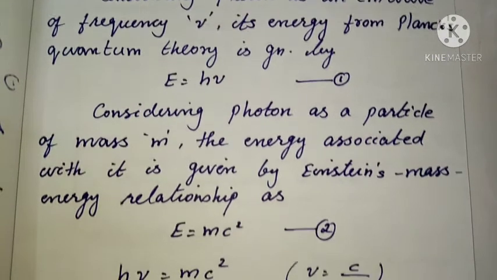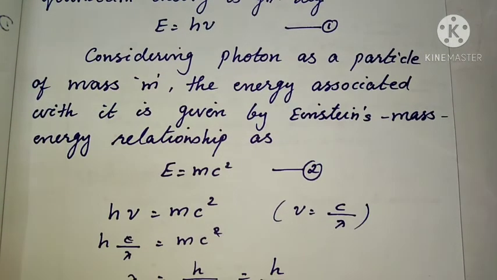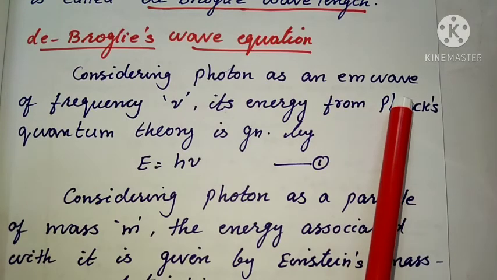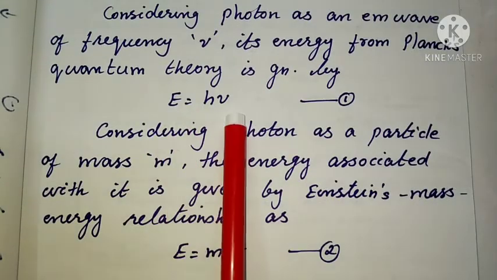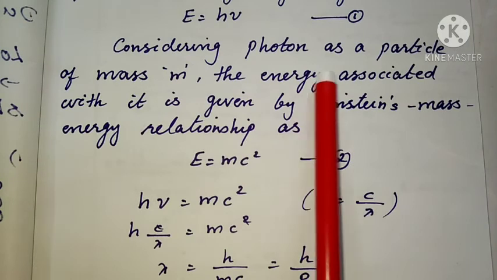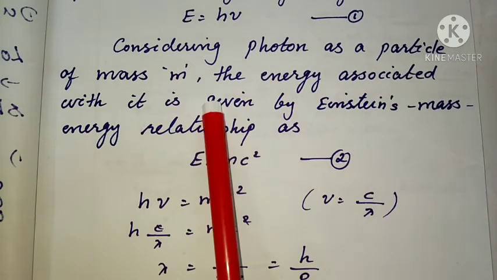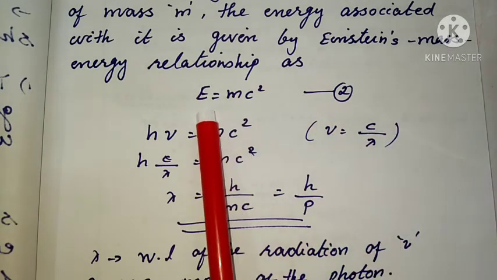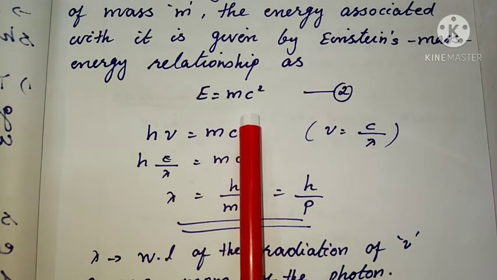Then similarly, he considered the photon as a particle. First he considered the photon as an electromagnetic wave, so its energy E equals h nu. Secondly, he considered the photon as a particle of mass m, so its energy, according to Einstein's mass energy relationship, is E equal to mc square.